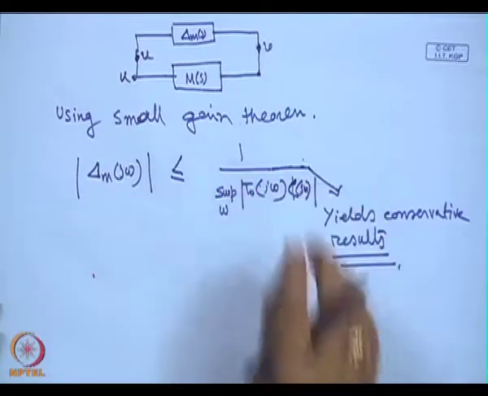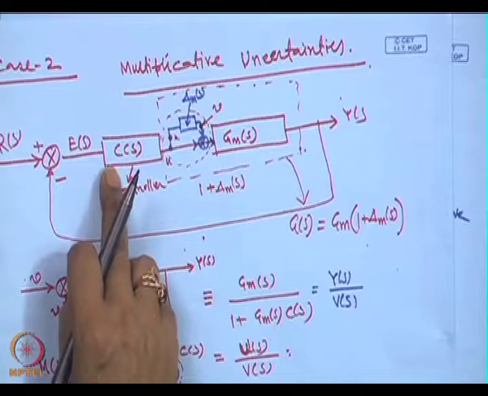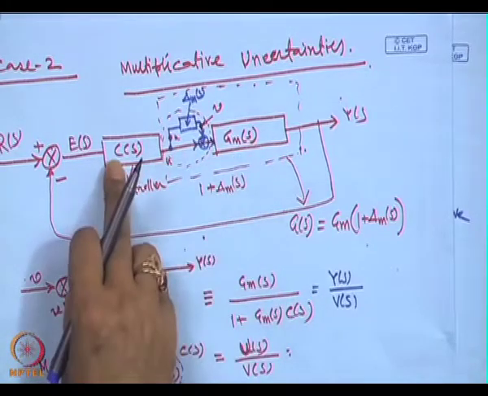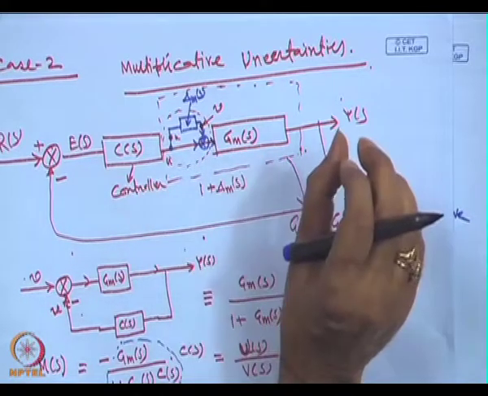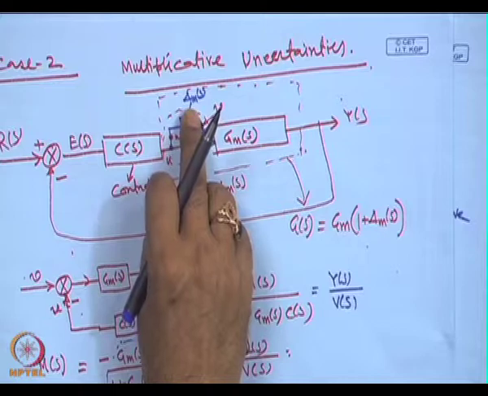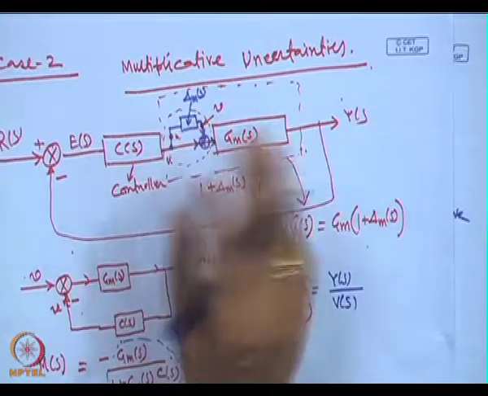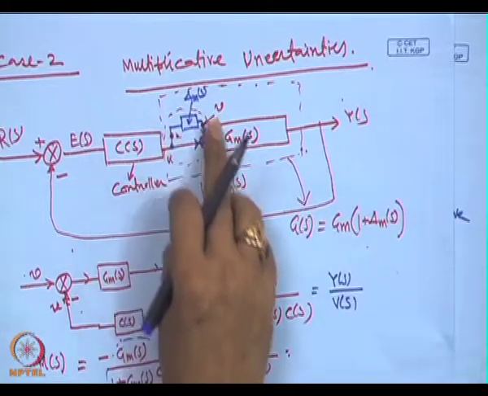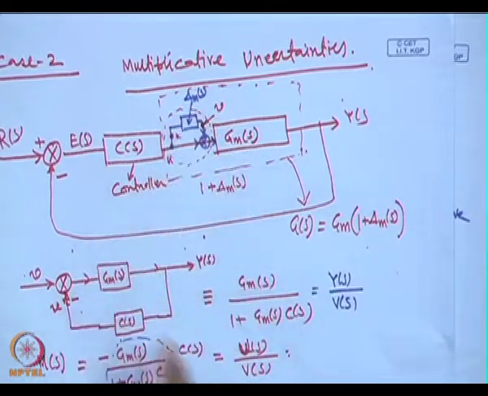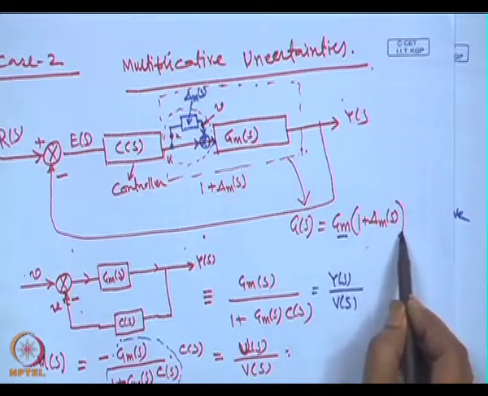We have designed the controller, look here, based on the plant model. Then if you consider the discrepancy between the plant model and the actual plant as delta m, to compensate that discrepancy we have used the multiplicative perturbation, because G m is multiplied by this.